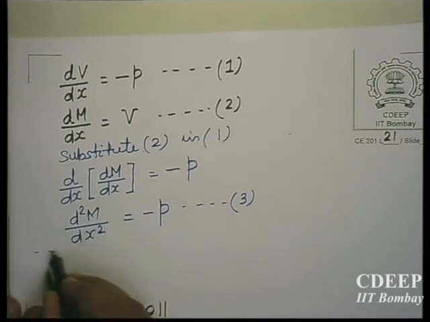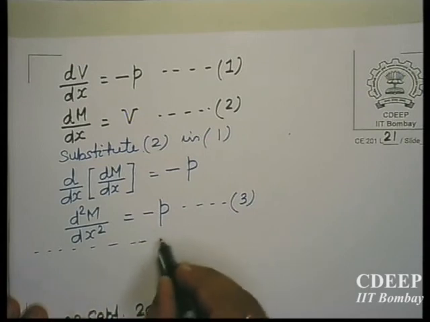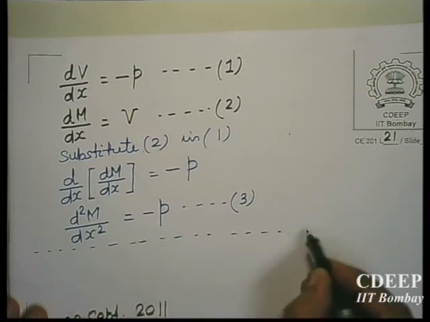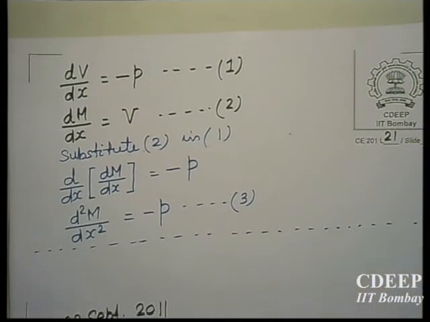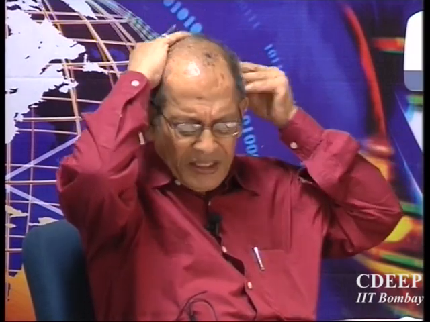Conversely, one way of presenting the problem is that you are given the geometry of the problem, boundary conditions and the loadings, and then you are asked to find out what will be the bending moment diagram, what will be the shear force diagram, etc. That is one way. Other one: now we have got these relationships, and therefore, we can integrate them.